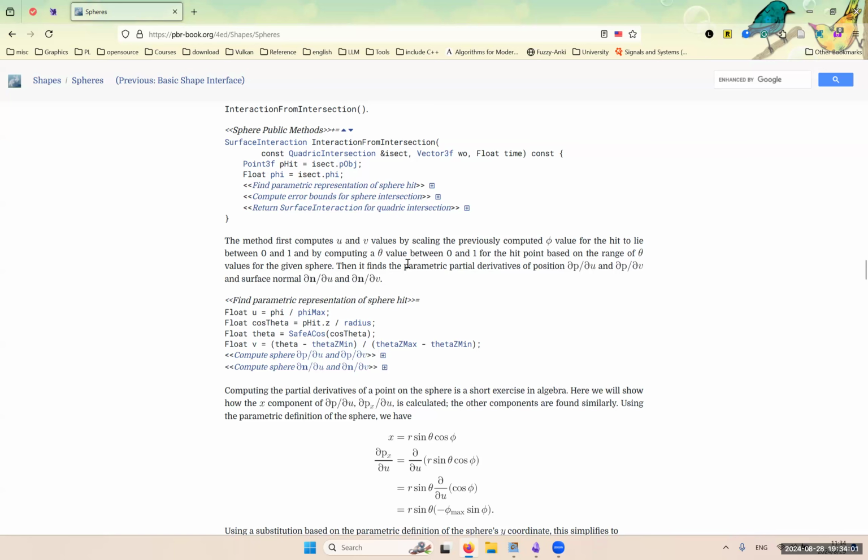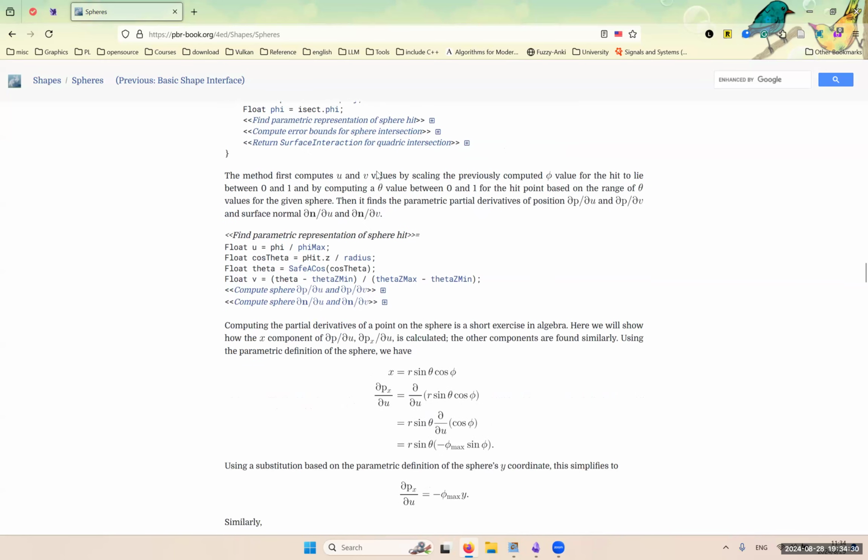Then find the parametric partial derivatives, partial P, partial U. I'm not sure what those are for, but let's see.